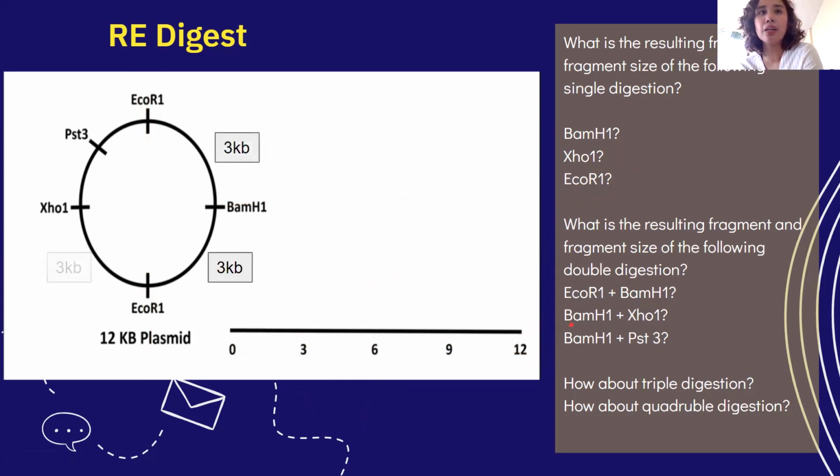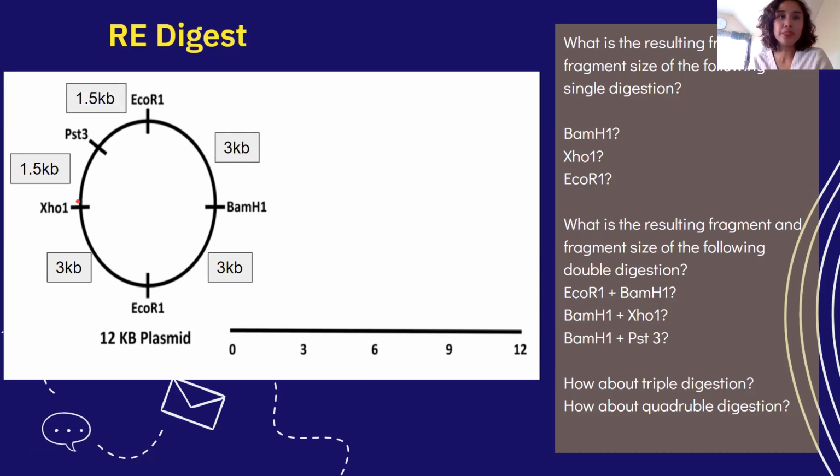So, kunyari, hatiin natin sa 4 na parte itong plasmid natin, diba? 3 yan. So, pag hinati mo further yung 3, divide by 2, 1.5 kilobase pair. So, ito na yung guide natin. Madali lang kasi alam na, ito yung mga given.